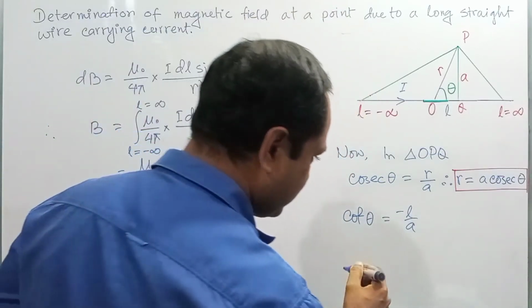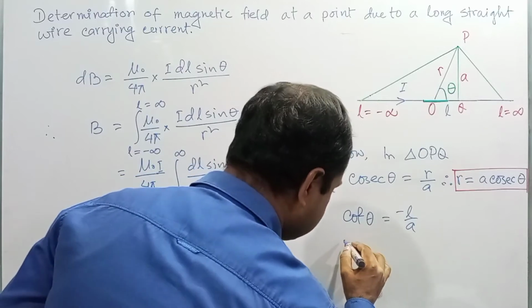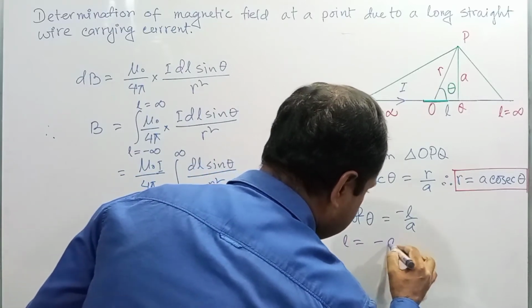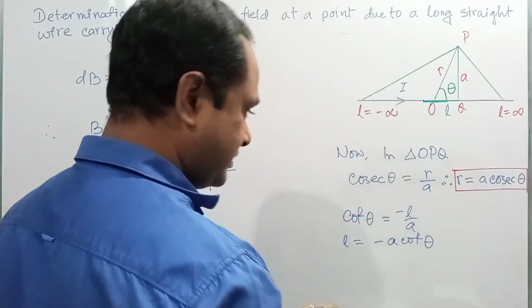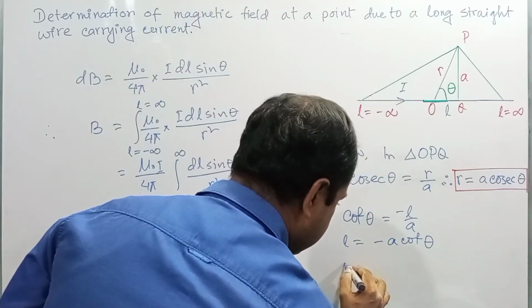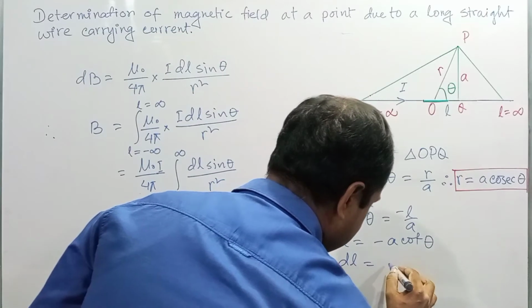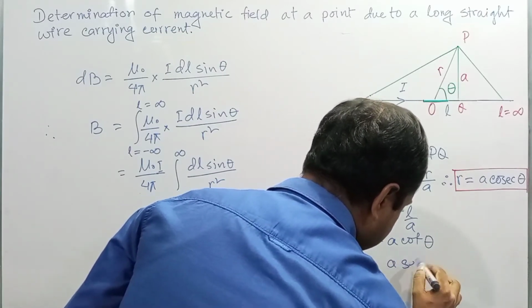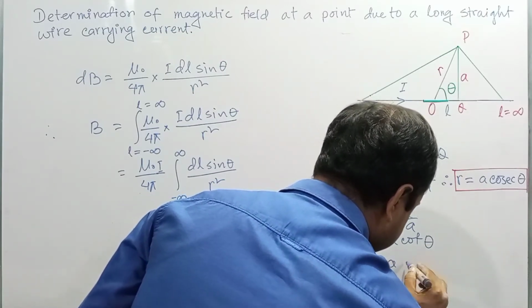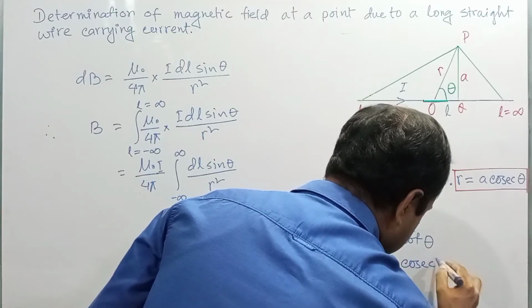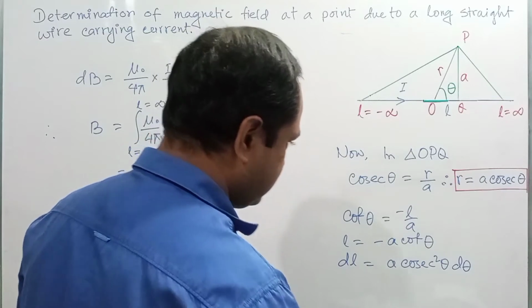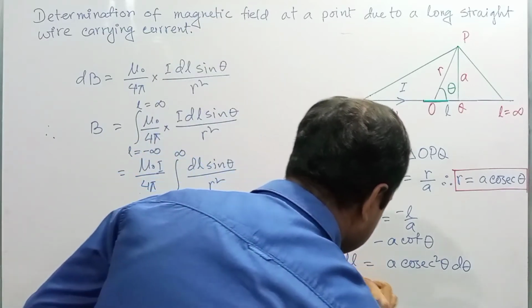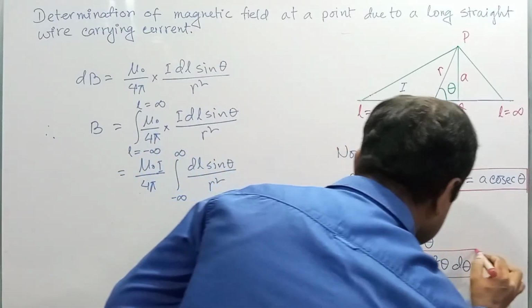So we can write L is equal to minus A cot theta, and after differentiation we can write dl is equal to A cosec square theta d theta. So this is the expression for dl.